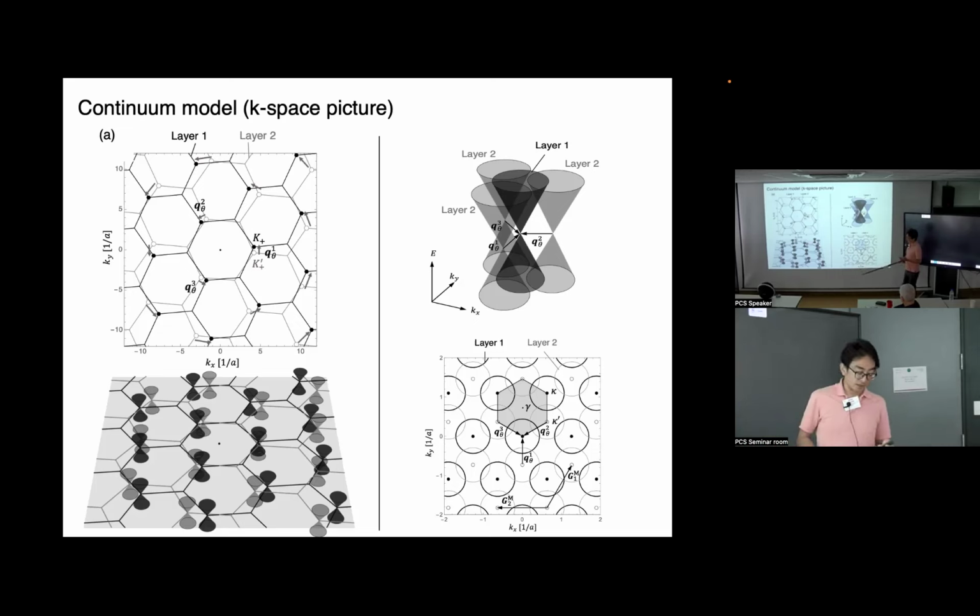The point is that the interlayer coupling between gray and black Dirac cones depends on the distance from the center of the zone. It is stronger when closer to the origin, but becomes weaker and weaker as you go away.